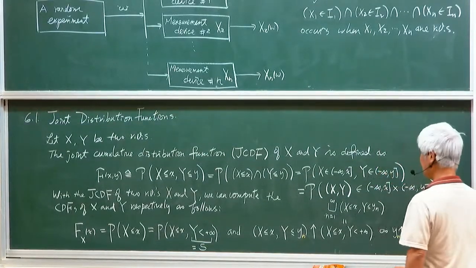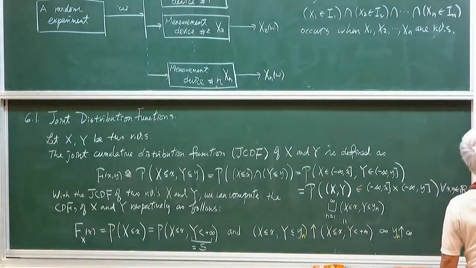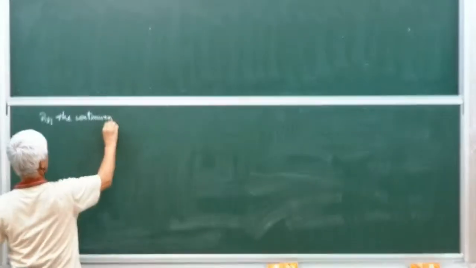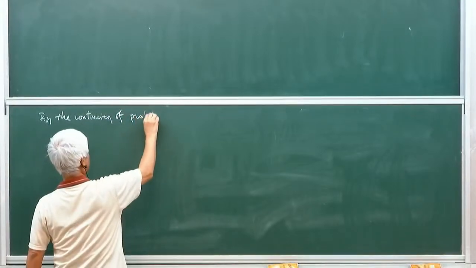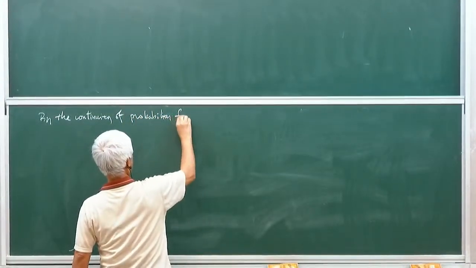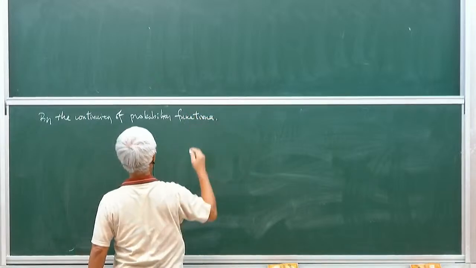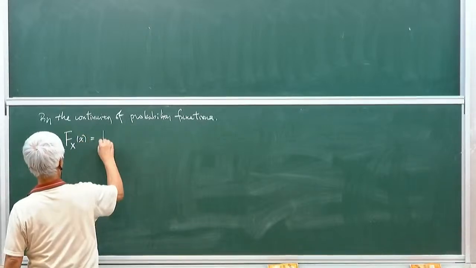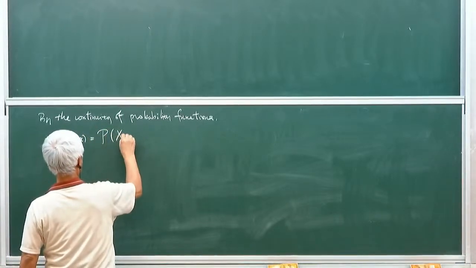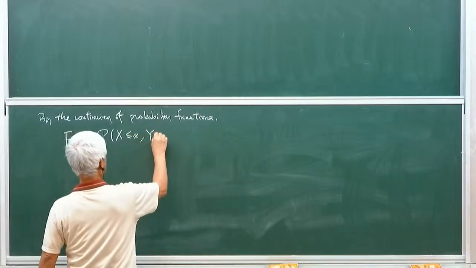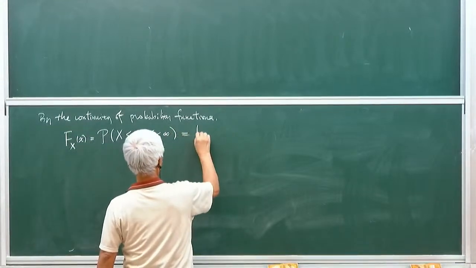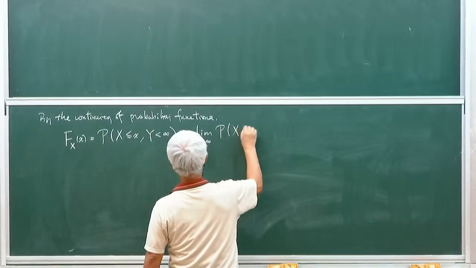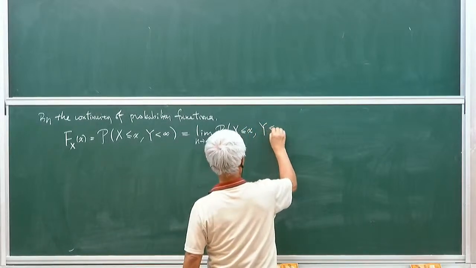Now by the continuity of the probability function, the F of x, as we know, is equal to the limit as n goes to infinity of the probability of x and y less than or equal to little y_n.